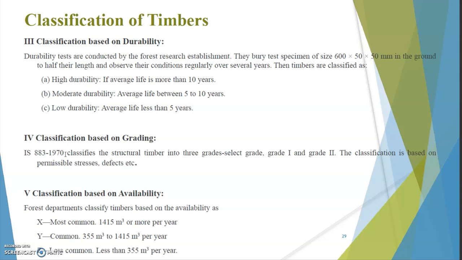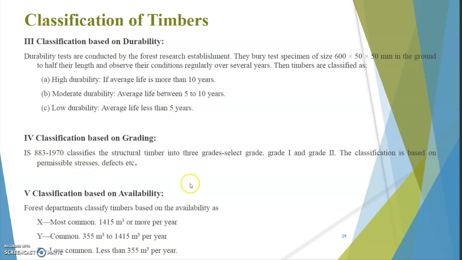All these questions will be answered in different IS codes. For example, here IS 883, enacted in the year 1970, classifies structural timber into three grades: grade 1, grade 2, and selection grade. This classification is based on various mechanical and engineering properties such as permissible stress, defects, water absorption, durability, etc.